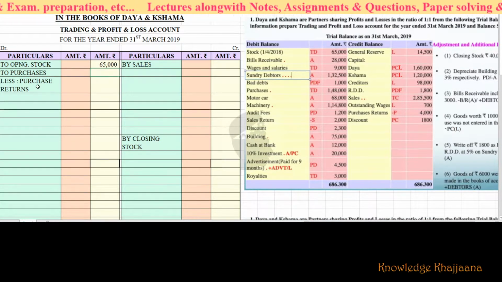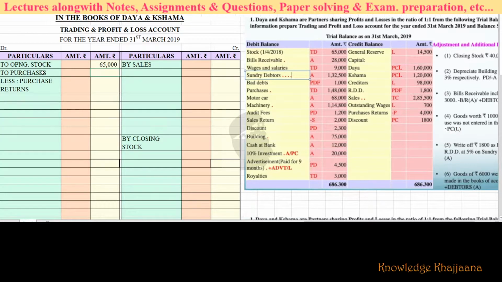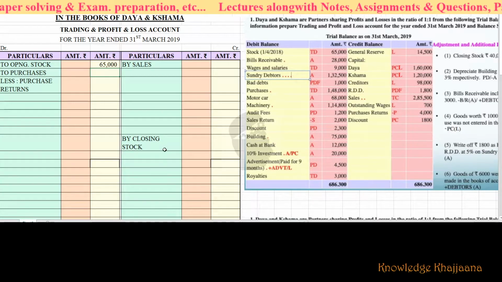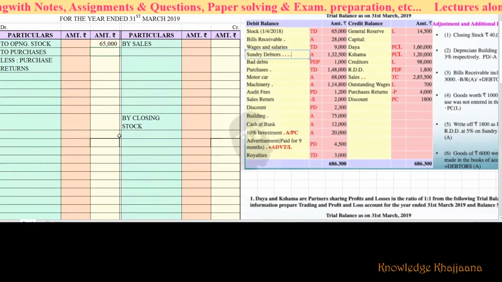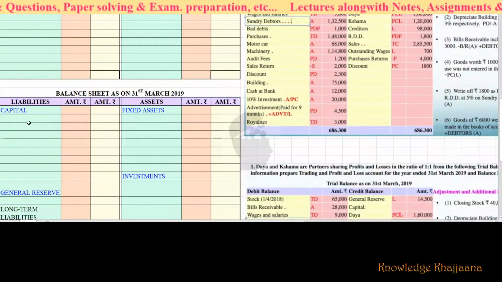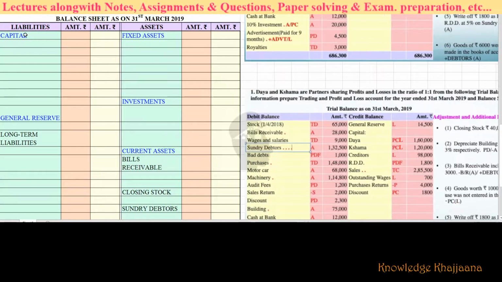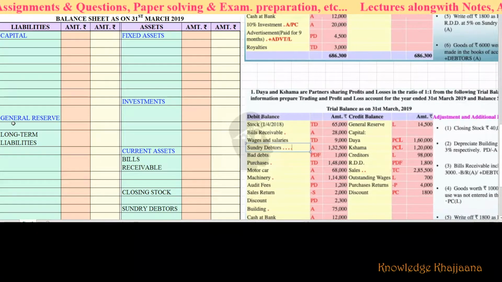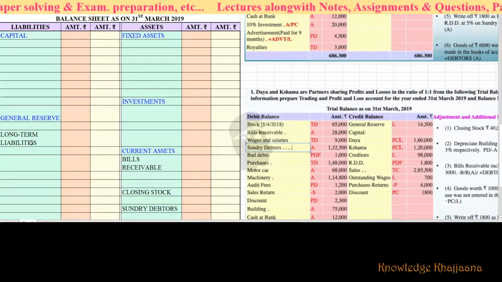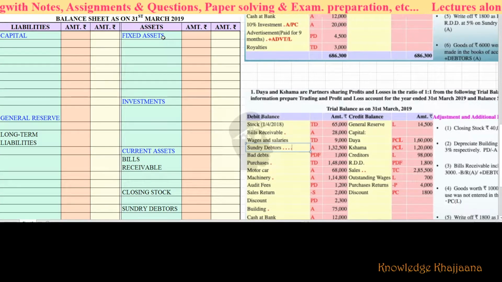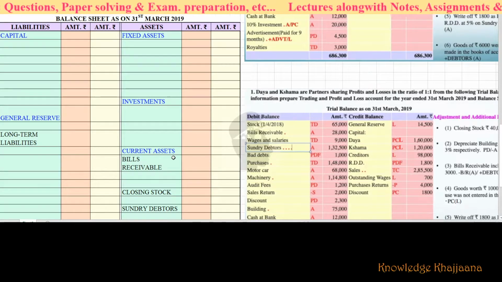So you can write opening stock, below that purchases, and on the trading account credit side by sales and by closing stock. These are the default items you can write down. And for the balance sheet, all items come under these categories: on the liability side capital, general reserve and long term liabilities, and on the asset side fixed assets, investments and current assets.